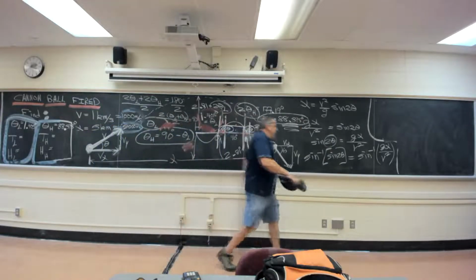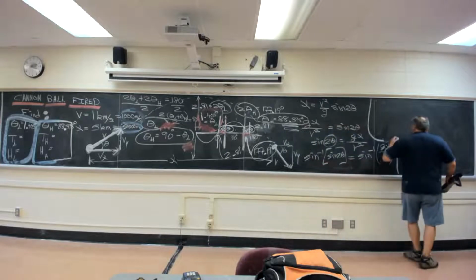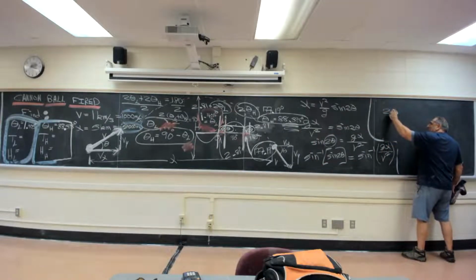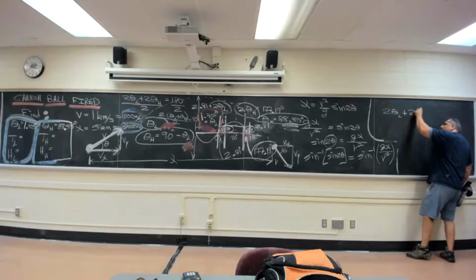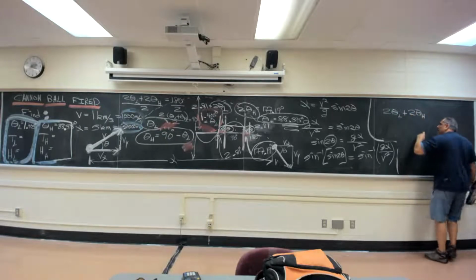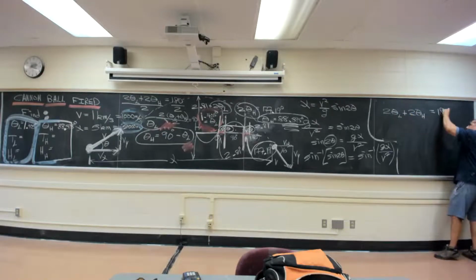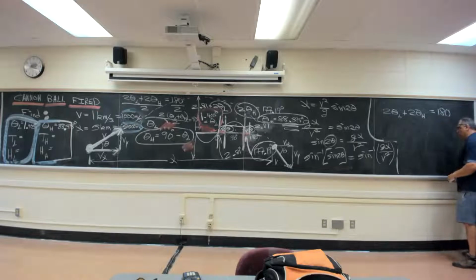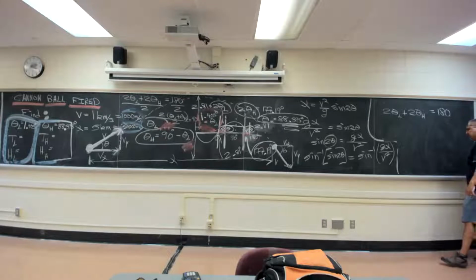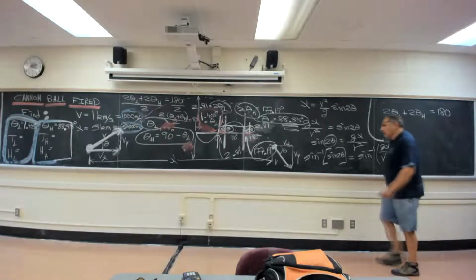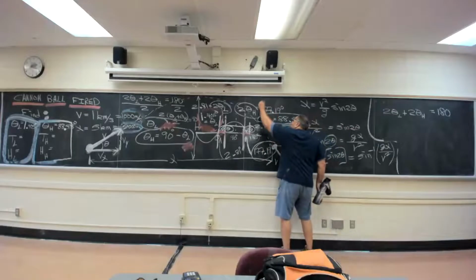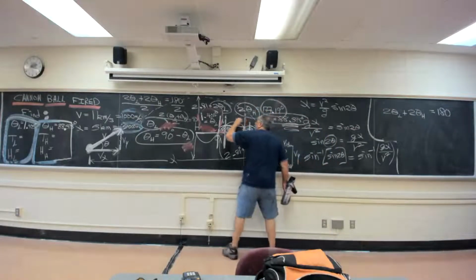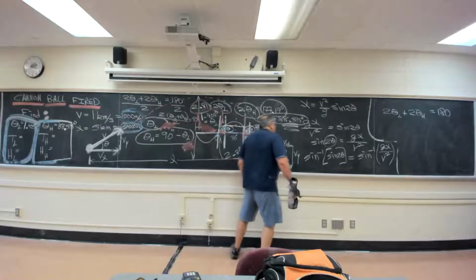At the end of the day, we said 2 theta L plus 2 theta H equals 180. You saw the 2.81 plus the 177.19 add up to 180.